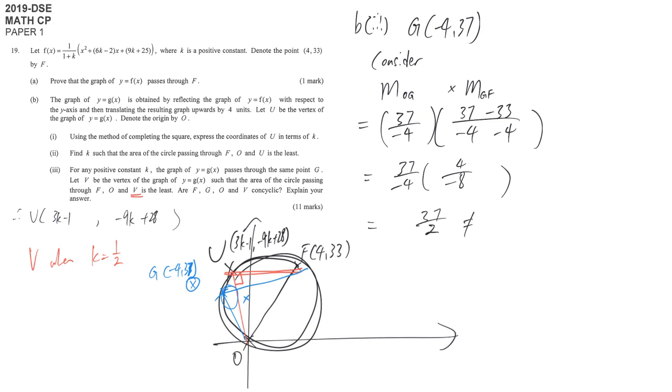So this is obviously not equal to negative 1. Therefore, angle FGO is not equal to 90 degrees. Therefore, the 4 points are not concyclic. We finished the question.